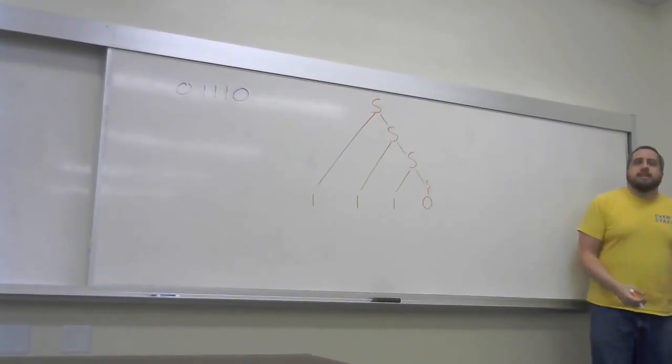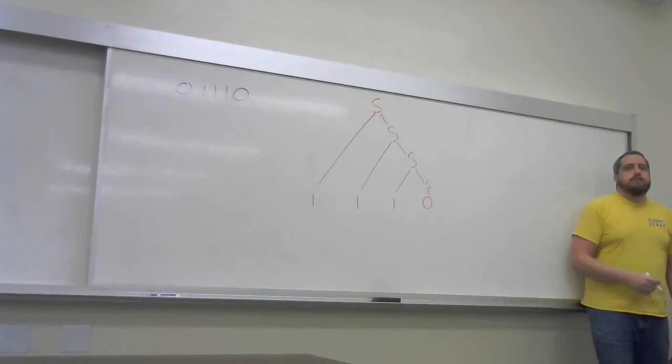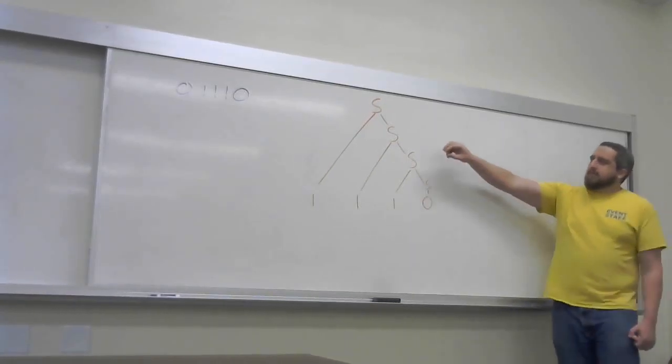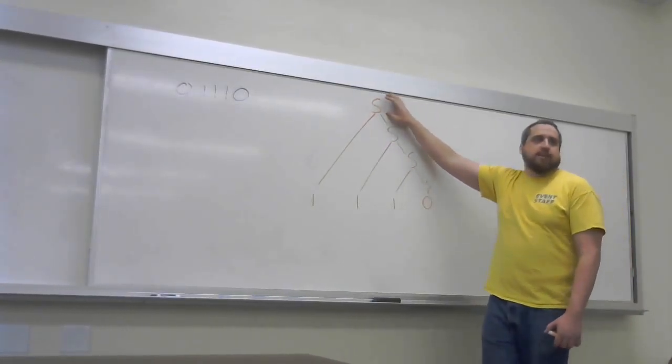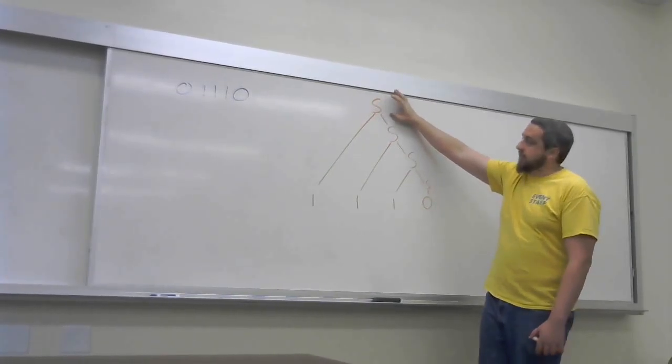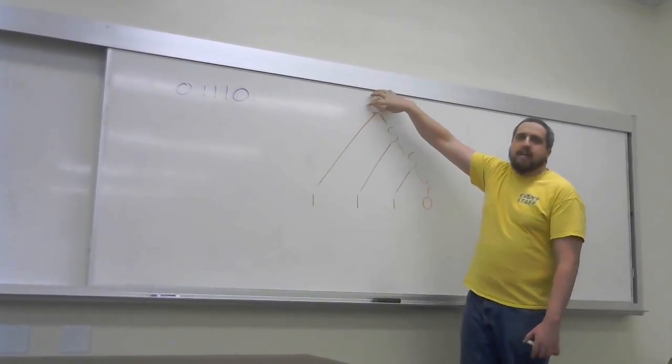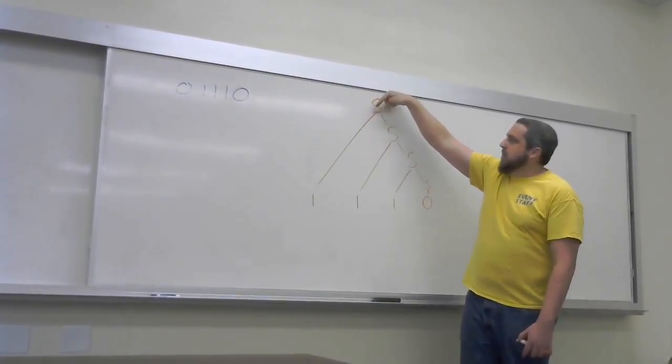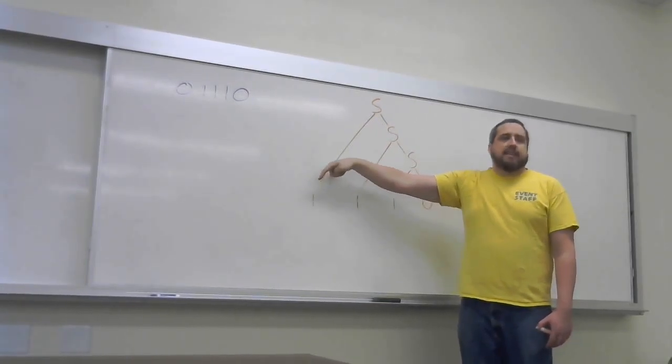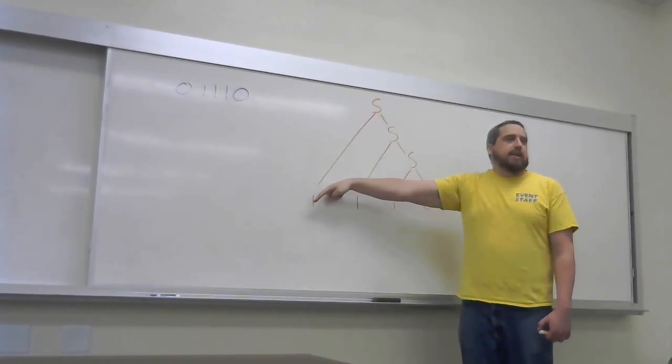So this is a tree, right? We can see that this is the root of the tree. This is much simpler as far as understanding that this is a tree. This is the root of the tree. It has 2 nodes at the bottom. One of them is a leaf. The leaf is a terminating node, a terminating symbol.